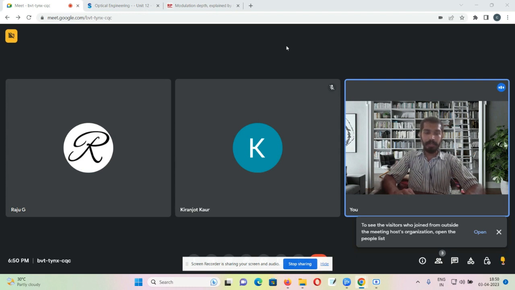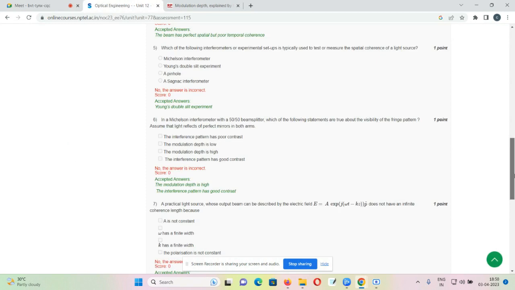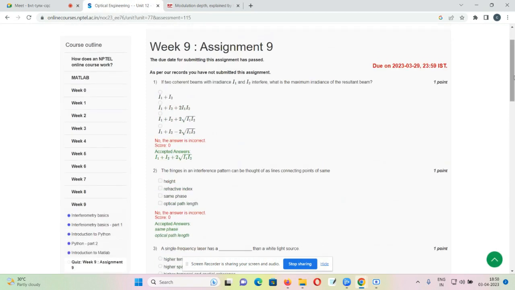Okay. Today let us start doing the ninth assignment. Whether you are familiar with MATLAB and Python or any other languages.